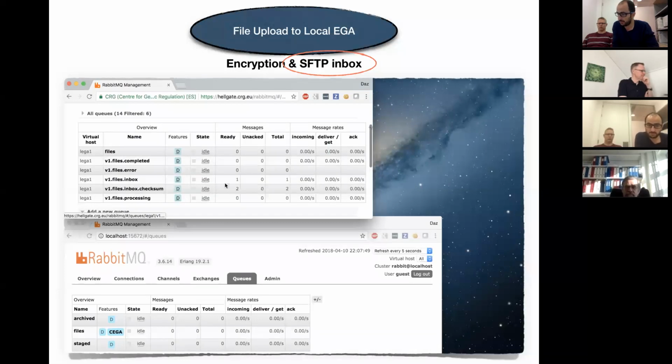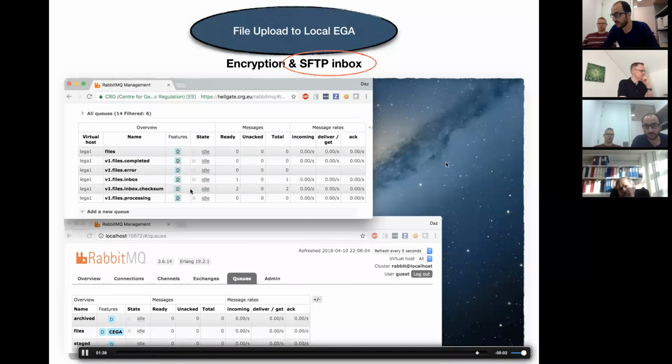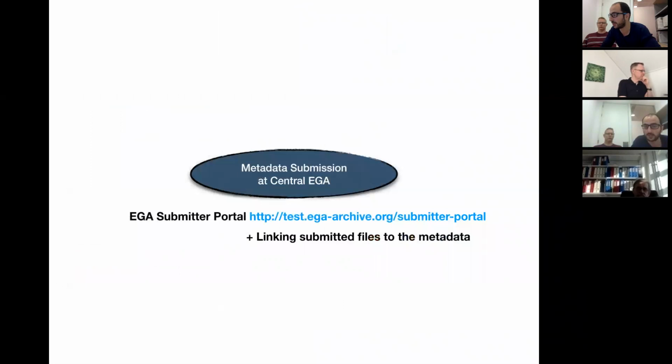So in the inbox message queue, they have received one, and then they have automatically received the checksums as well. The checksums are important so that we can make sure that the file is full, so that we didn't upload half of the file.